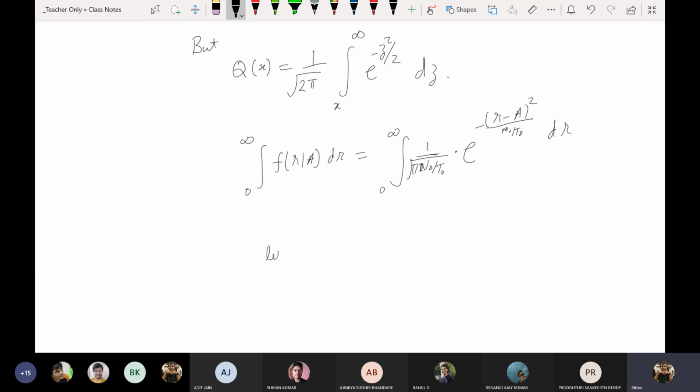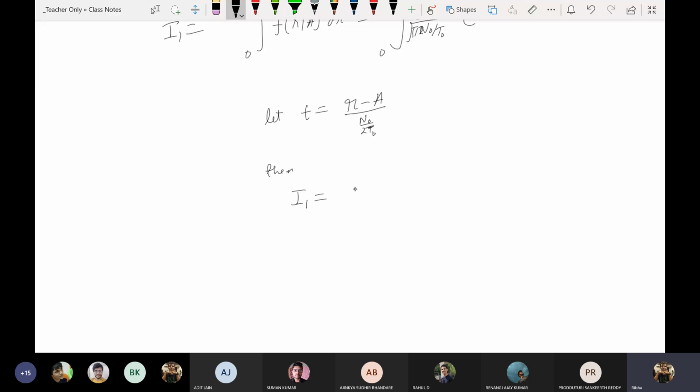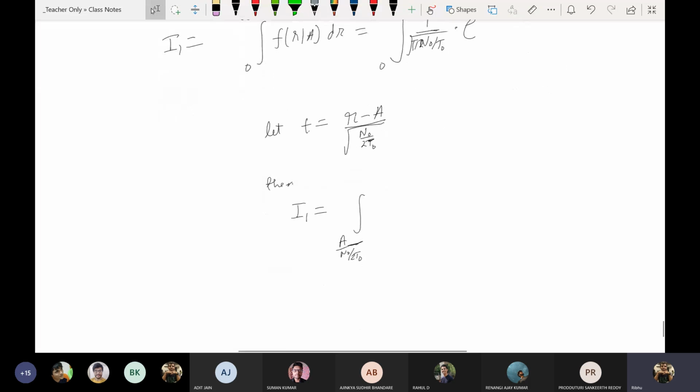So let t equal r minus a, then I1 equals, sorry, there should be a square root in the denominator. Yeah, to infinity.